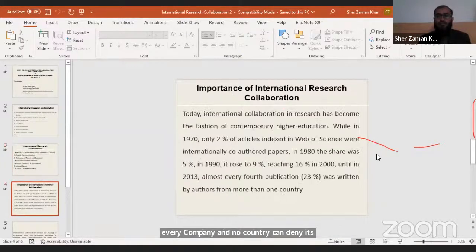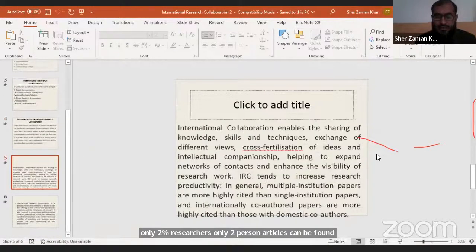So if we read a little bit about the current position of international research collaborations, in the earlier 1970s, only 2% of articles could be found which were written by international collaboration.